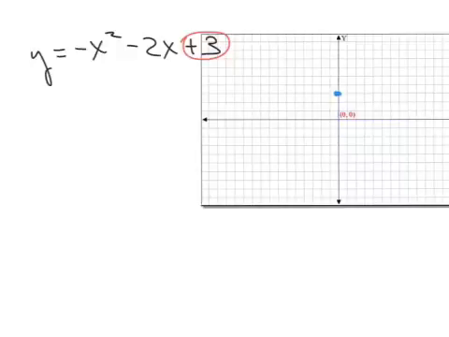So we know just from looking at this equation that this parabola is going to go like this, with that being the y-intercept. So it's not necessarily going to be right there, but it is going to go down.